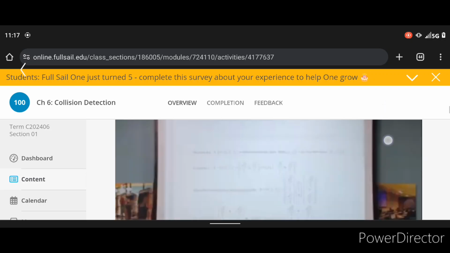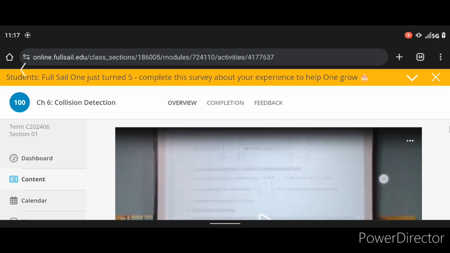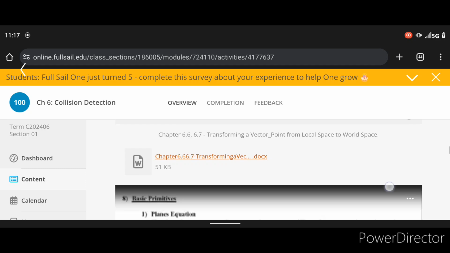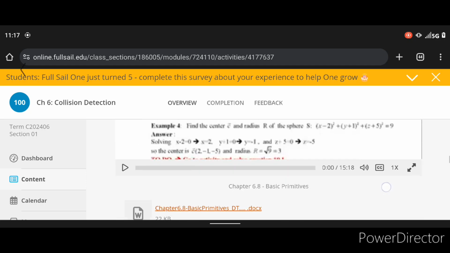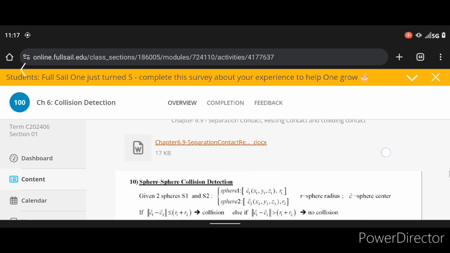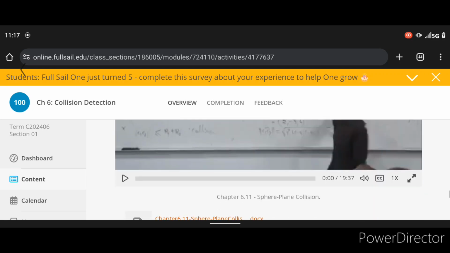Then basic primitives, separation contact, resting contact, and colliding contact, sphere collision detection, and sphere plane collision.